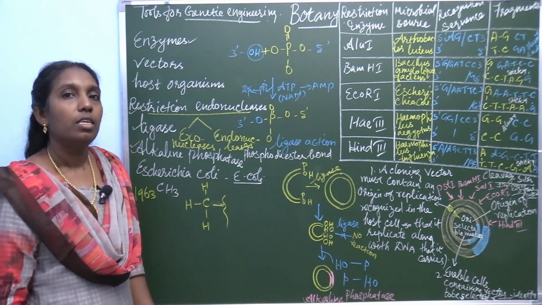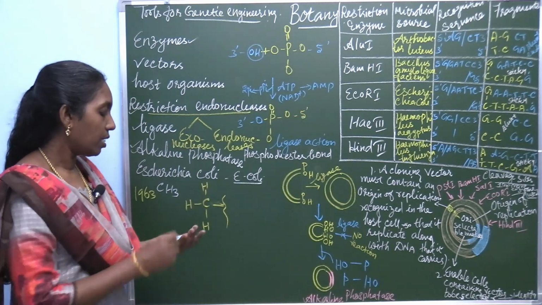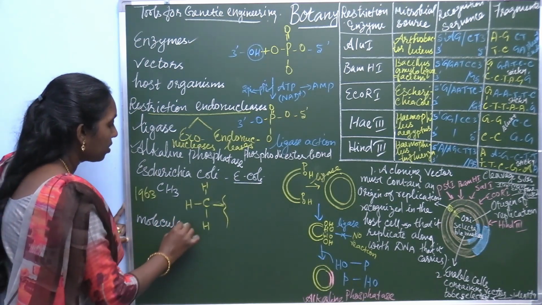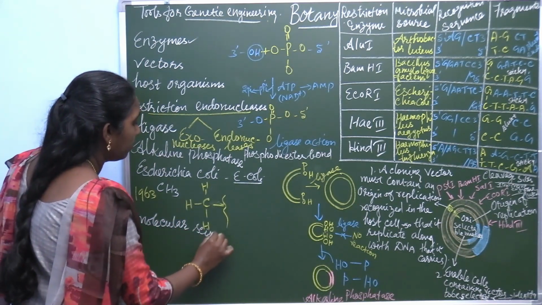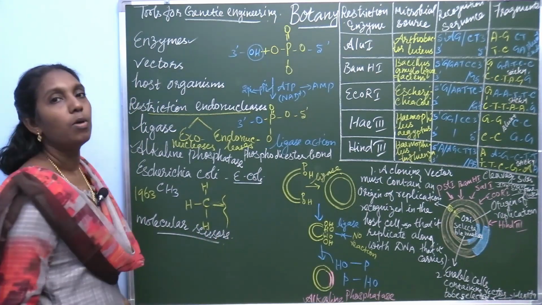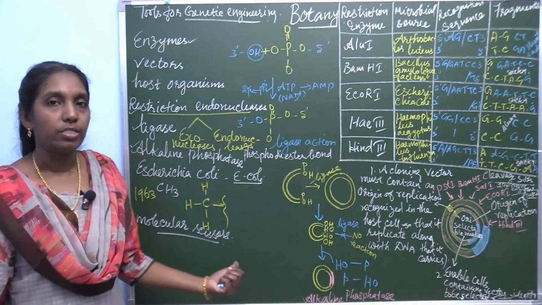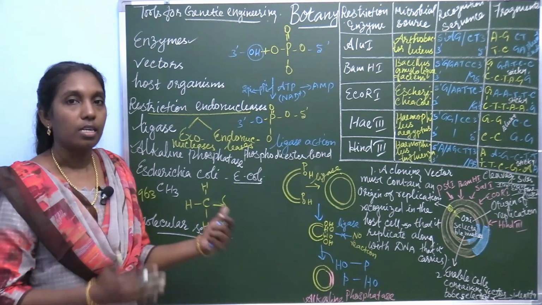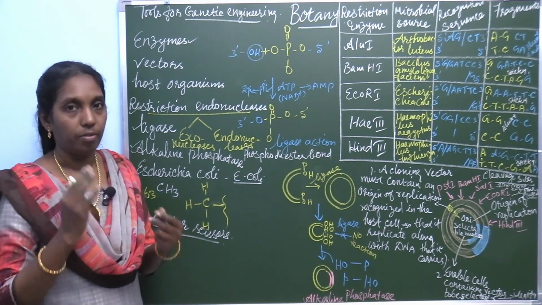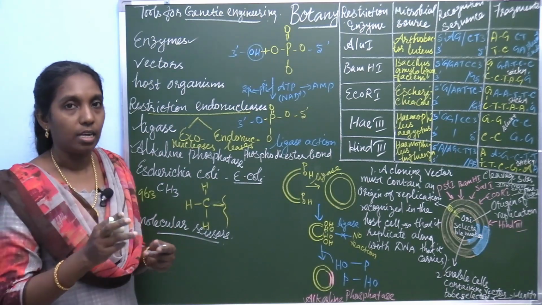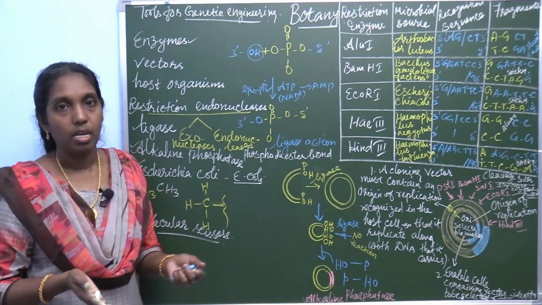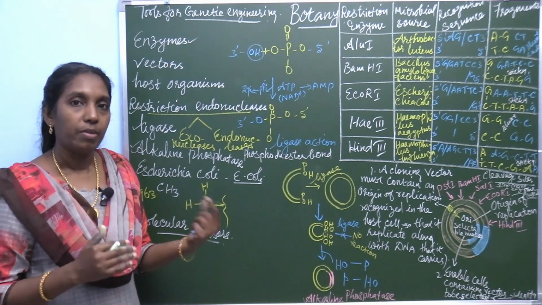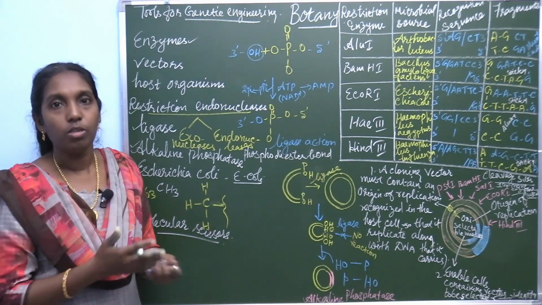These restriction endonucleases are named molecular scissors. Due to this action, they are very important. You know the use of scissors, which is to cut; these enzymes cut the DNA sequences, so they are named molecular scissors. Already in the previous class we learned that it's not an easy job to cut and paste.